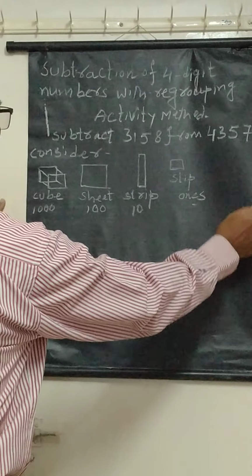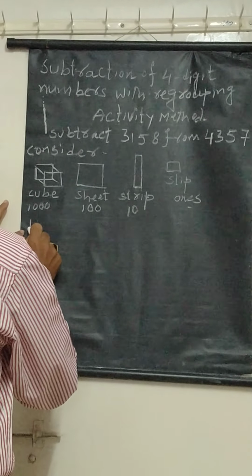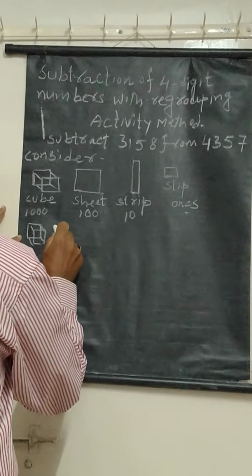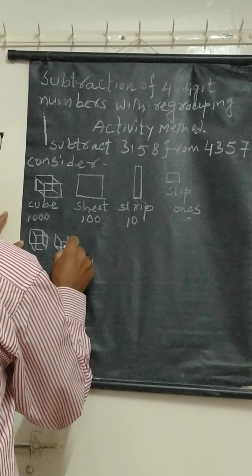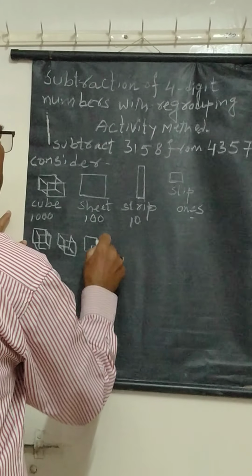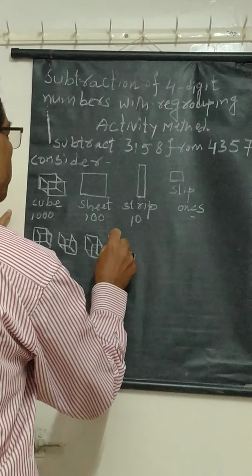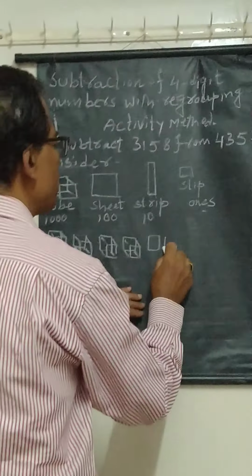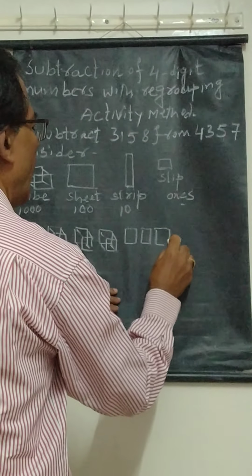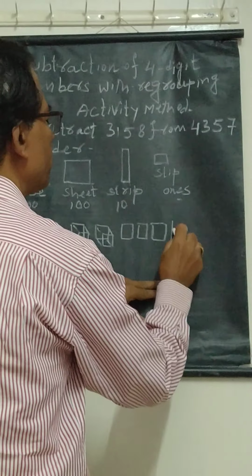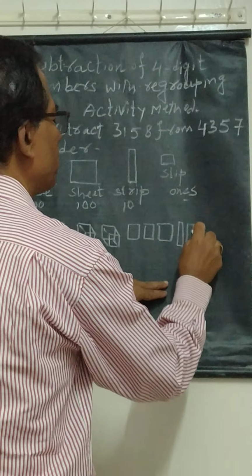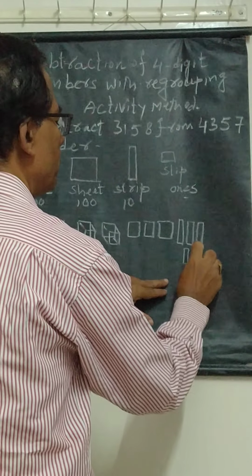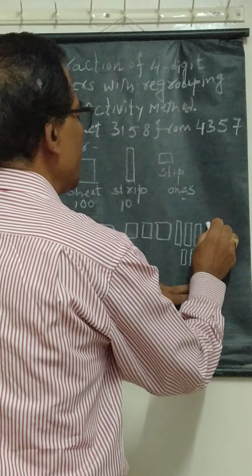So 4000 means 4 cubes, three sheets, 5 strips, and 7 slips.